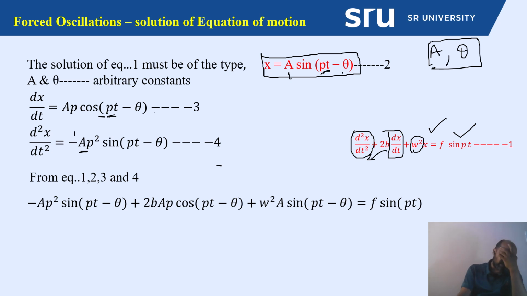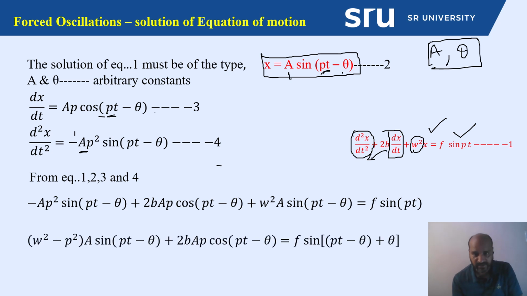Now, in order to solve this, we are taking some considerations. I mean, we are doing some mathematical operations purely to make this equation simpler. And what are those considerations? Just here, the first step. The first step is, see this first and third term on the left side: sine of pt minus theta, and here the sine of pt minus theta with a is common.